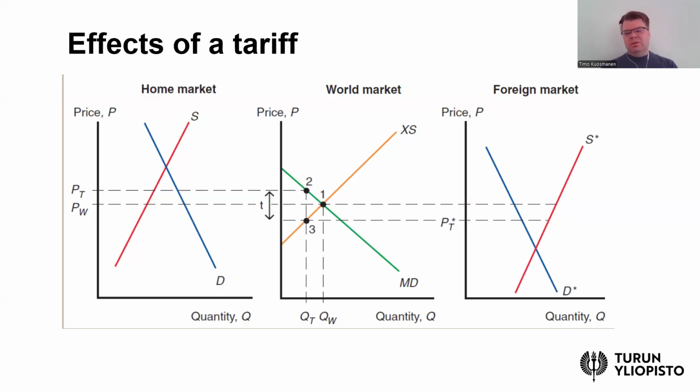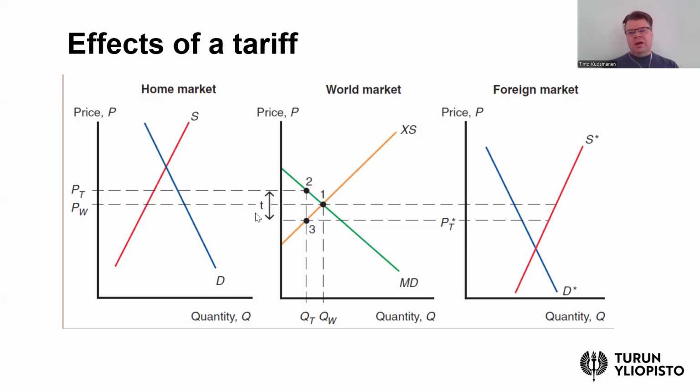That of course benefits the consumer in the foreign market, and there is less export from the foreign market. So there is this kind of dual effect of the tariff. It will increase the price in the importing country, and it will decrease the price level in the exporting country. As a result, trade decreases, and also consumption, especially in the home market, is decreasing.